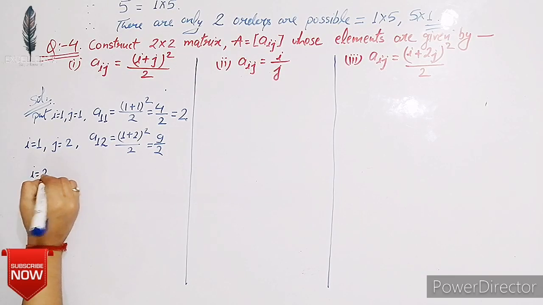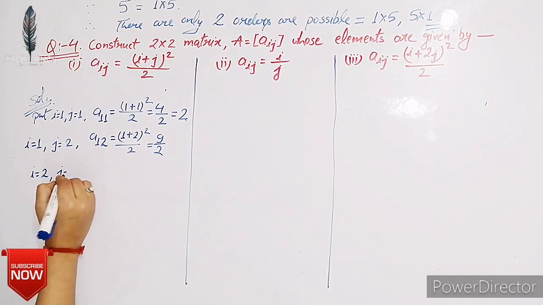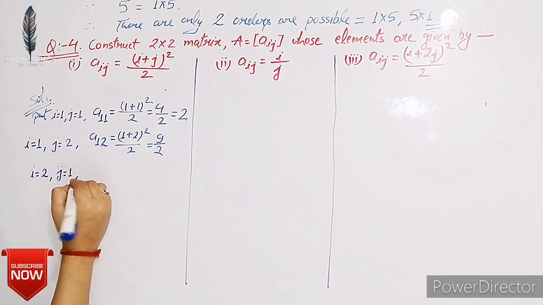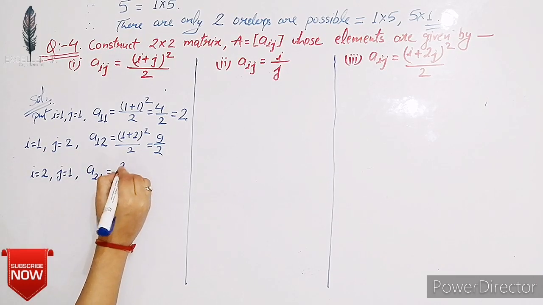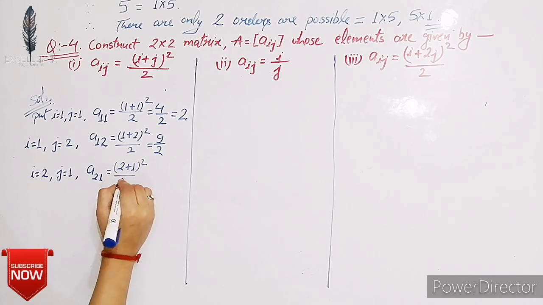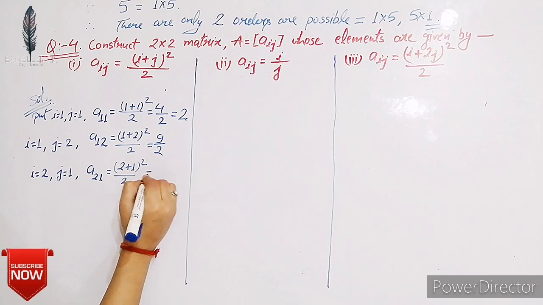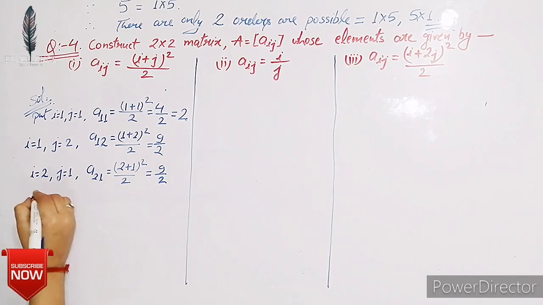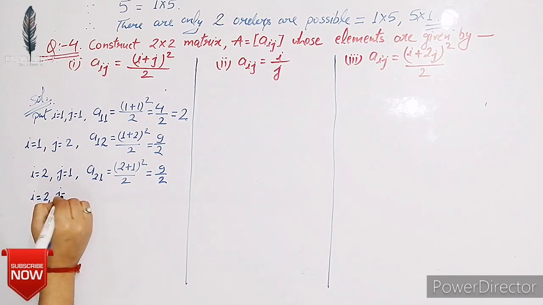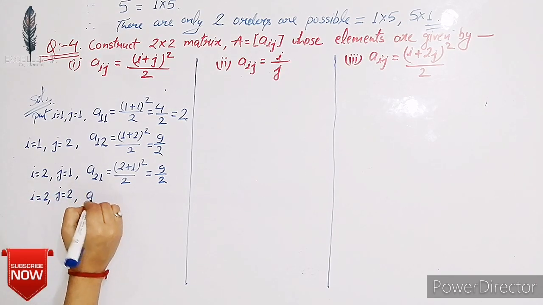OK, next put i equals 2 and j equals 1. This will be the first element of the second row. A21 is equal to (2 plus 1) whole square upon 2. 2 plus 1 is 3, 3 square is 9, 9 by 2. OK. Next we have to put i equals 2, j equals 2, that is the last element.